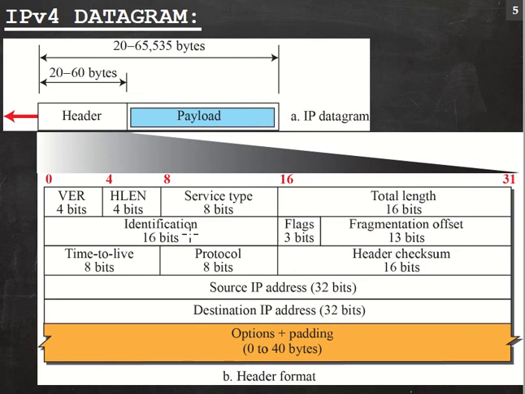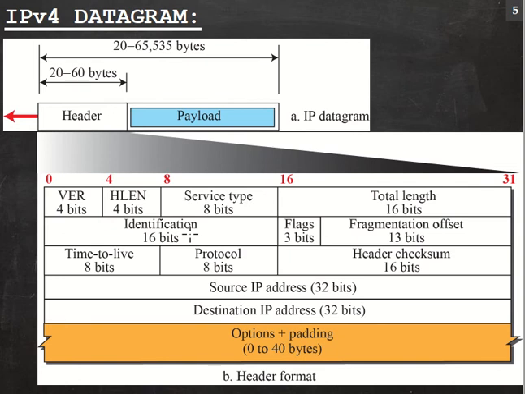The total length of the header is calculated as 4-byte words, that is, it is divided by 4, and whatever result we get, that value will be inserted in this field. I repeat, the total length of the header is divided by 4 so that it can fit in the 4-bit HLEN.